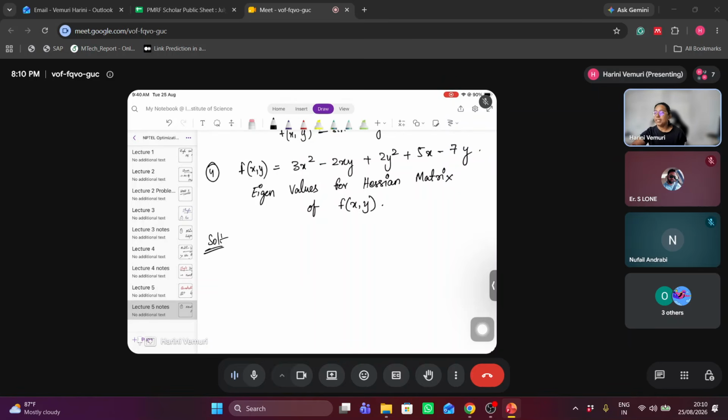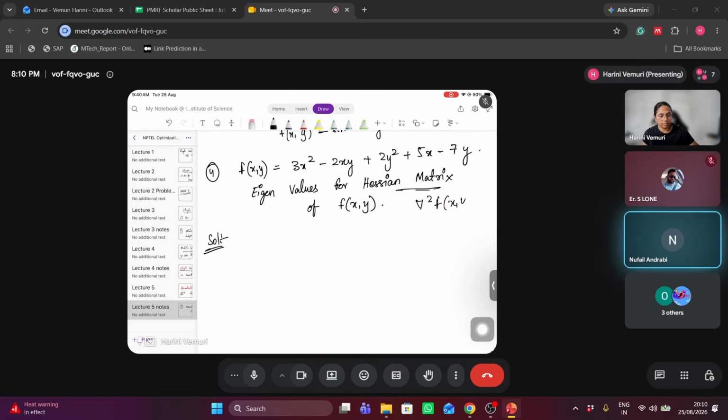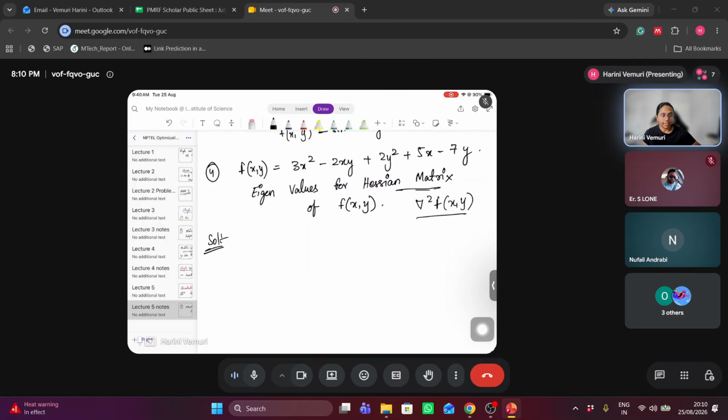Shall I wait for a minute? Can you tell me the eigenvalues for this function? Because the Hessian matrix is the second order derivative, you can just take that directly and calculate the eigenvalues.